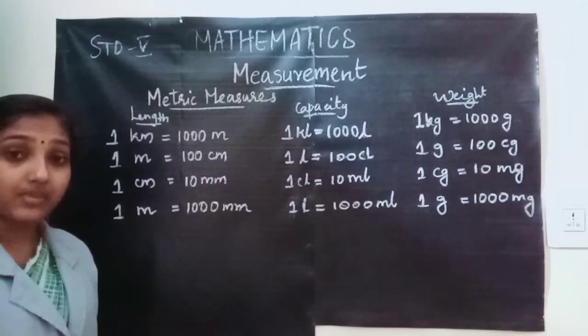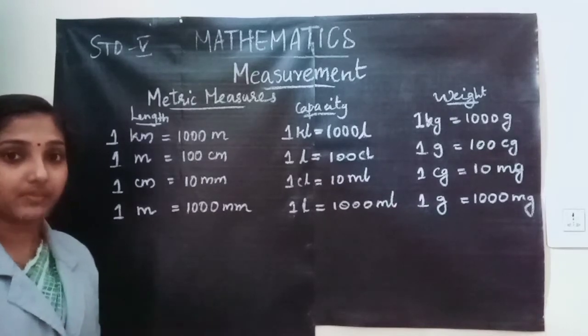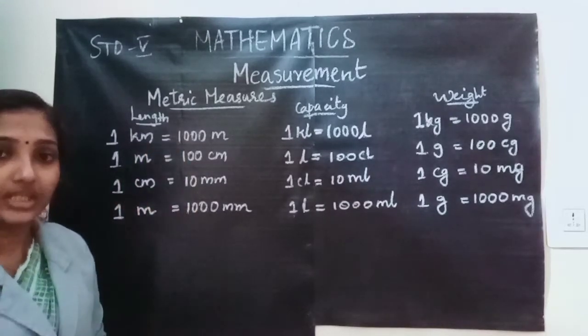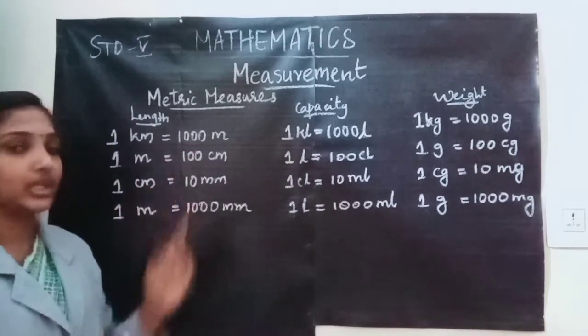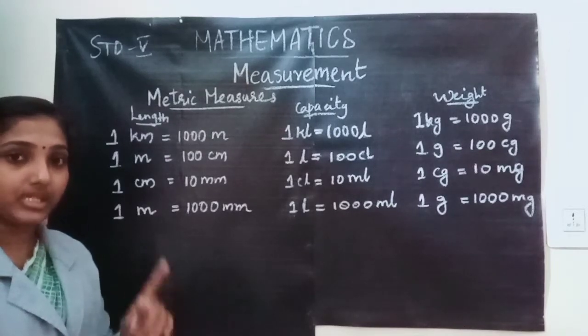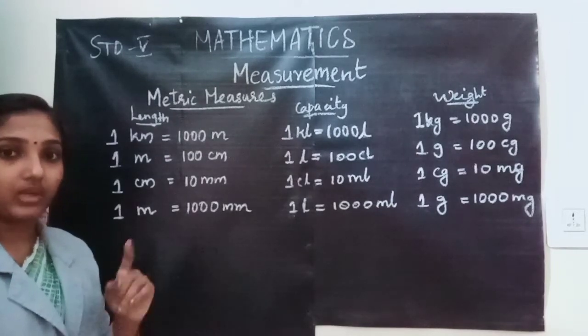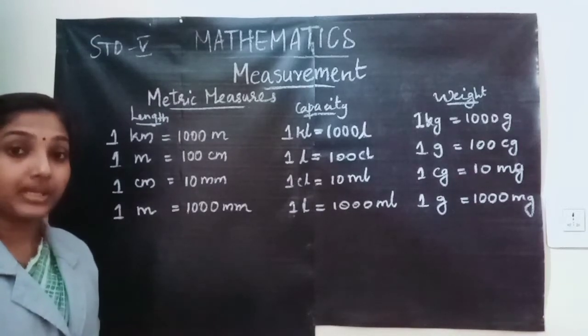Okay, so the same distance can be represented in two different units. That is 1 kilometer is equal to 1000 meter. The next is 1 meter is equal to 100 centimeter. 100 centimeter together makes 1 meter, and the distance will be same.